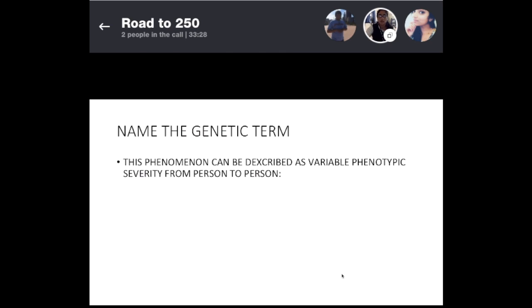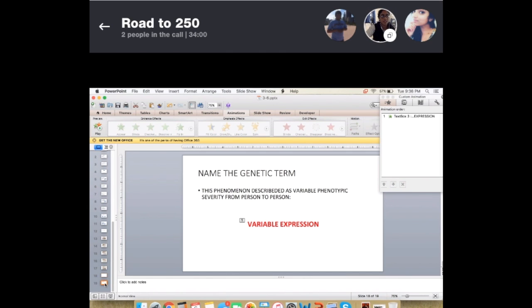Okay, and then I have two questions on the genetic term. So here's a description. Can you tell me what the genetic term is? This phenomenon can be described as variable phenotypic severity from person to person. Variable expressivity? Yep. Oh no, what happened? That's weird, it was supposed to be something else.